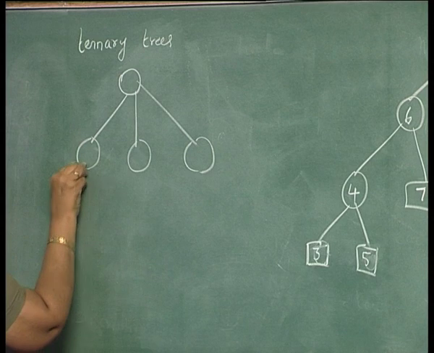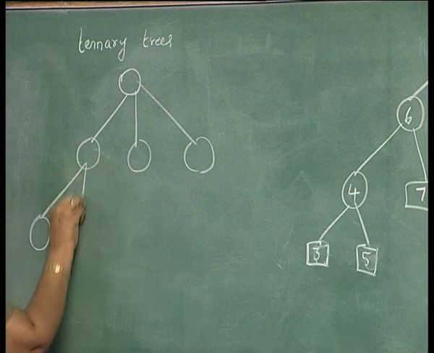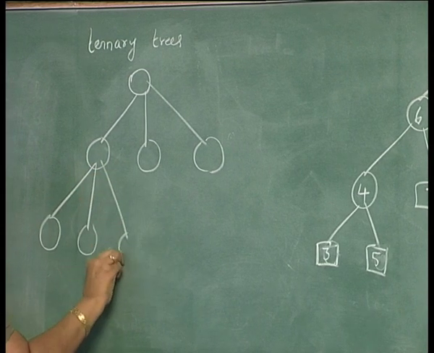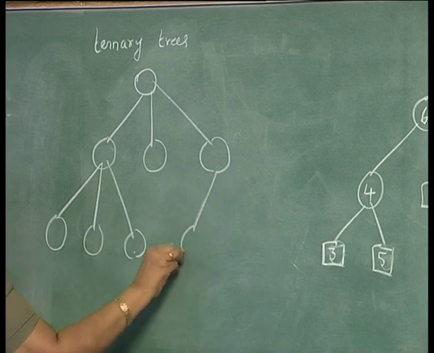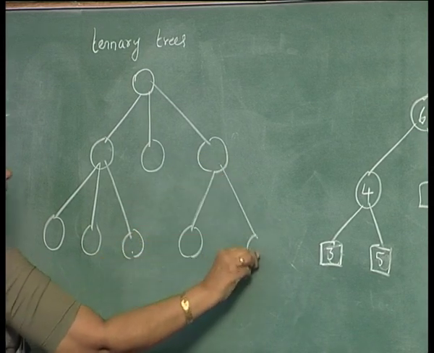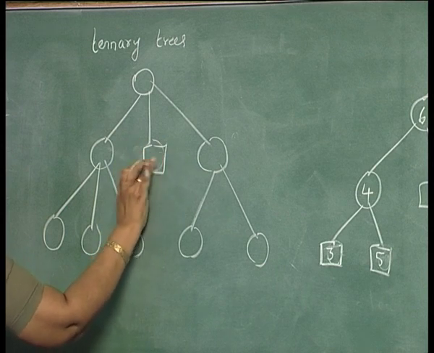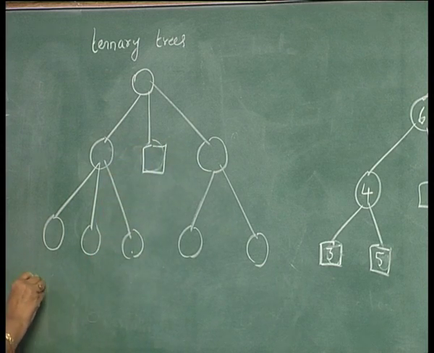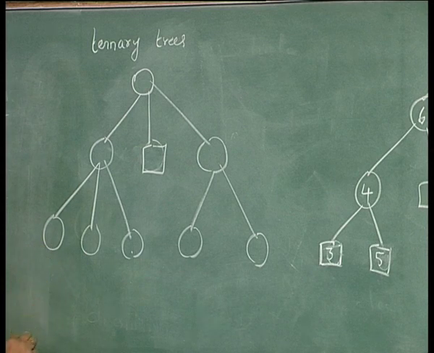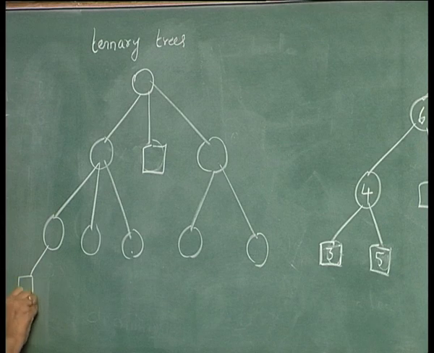Now, again, say this has 3 sons and this has 2 sons. This you can take as a leaf, for example. And this may have leaves like this.